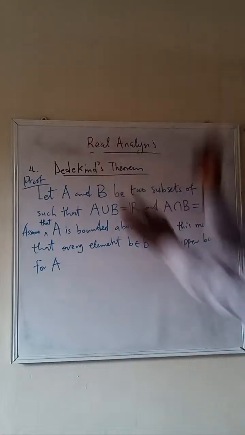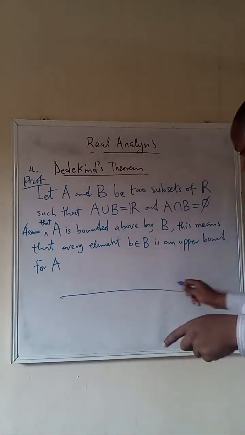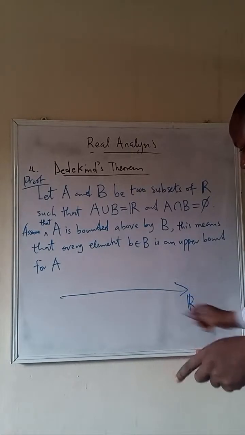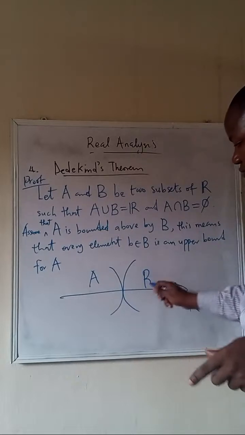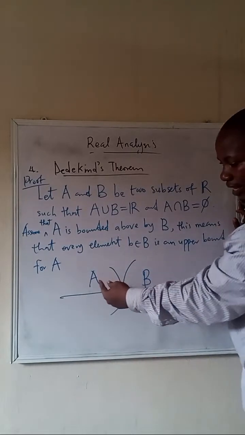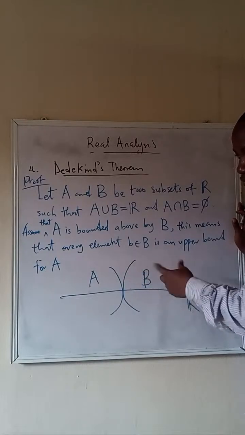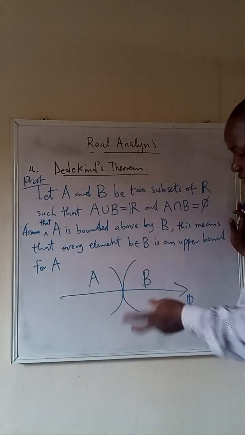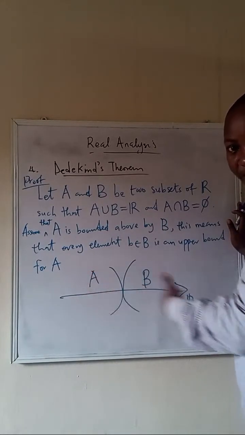Let me record the line so that you can get this properly. This is A, this is B. A is bounded above by B. This is B. We can also use the other way around to prove it by saying B is bounded below by A, but we are using one side proof now.